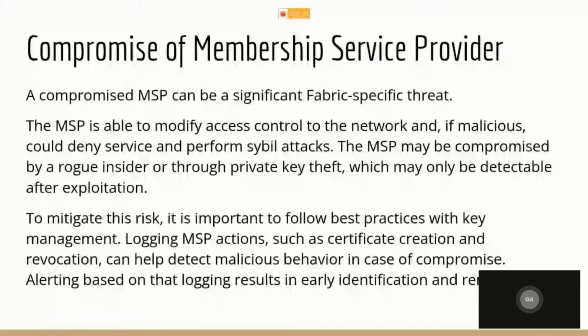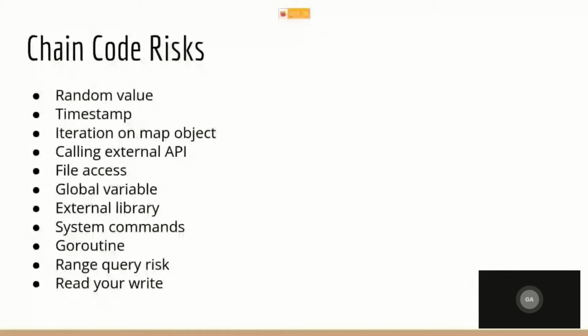And likewise, for the ordering service node also, it is very important to monitor the ordering service node actions. You can either integrate Splunk or you can use Prometheus with this.